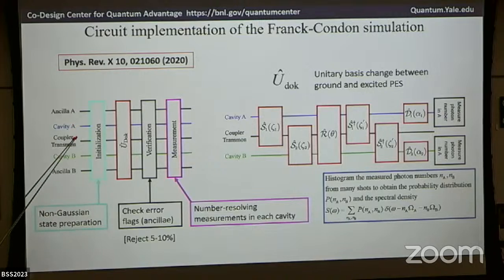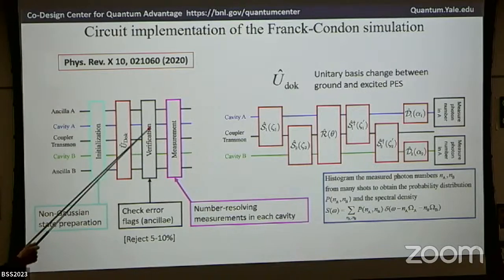I have cavity Alice, cavity Bob, auxiliary qubits in each one, and a beam splitter that I showed you how to do last time with 4-wave mixing. I have to initialize the initial state, could be the ground state or some Fock state or some coherent state, but in general a non-Gaussian state. I have to carry out this unitary transformation from the old Hamiltonian basis to the new one.